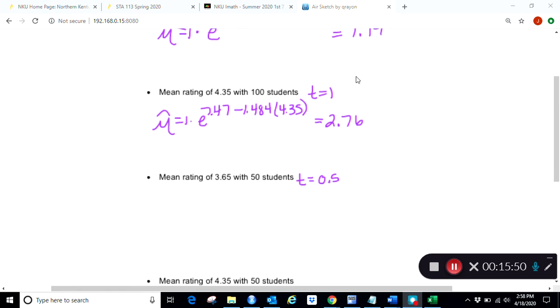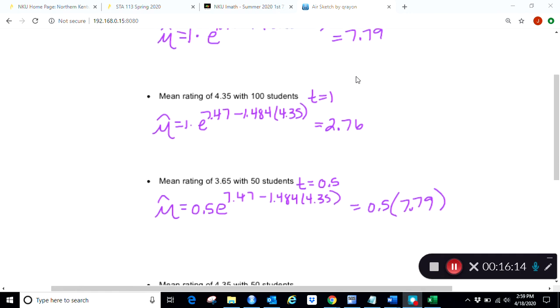So this time my mu hat is going to be a half times this e to the 7.47, which then should also just turn out to be a half of our 7.79 that I found above.